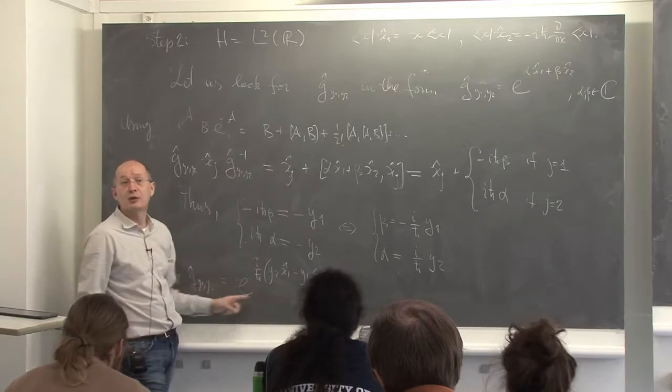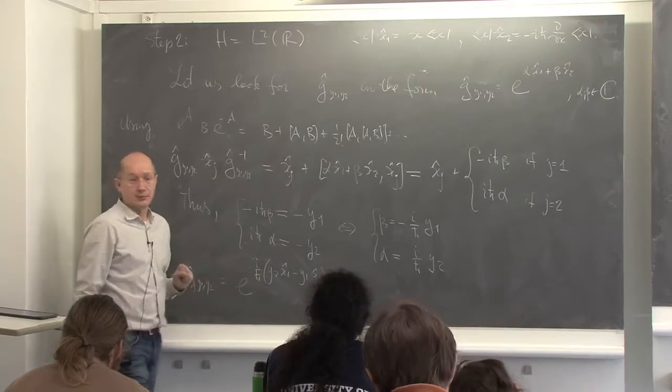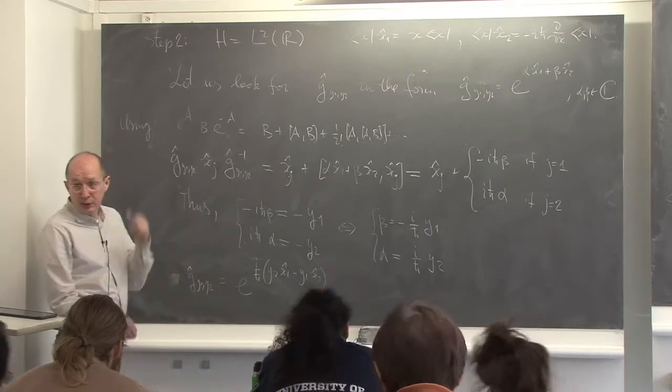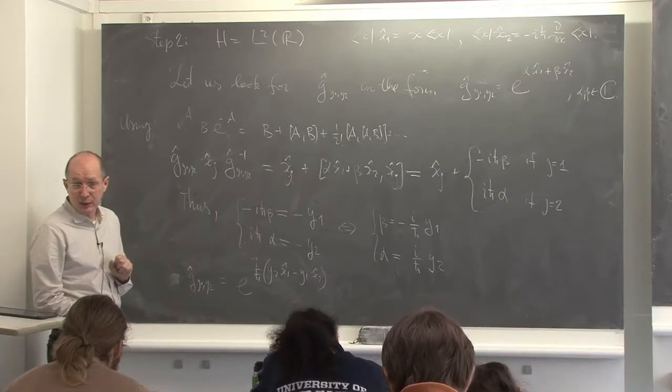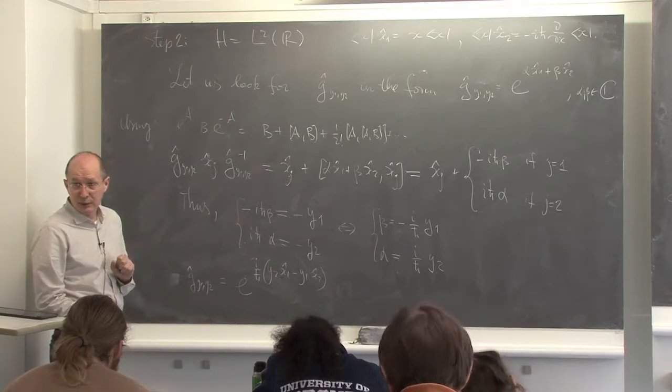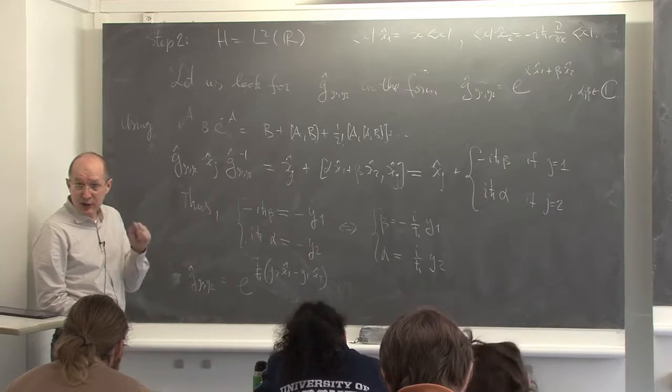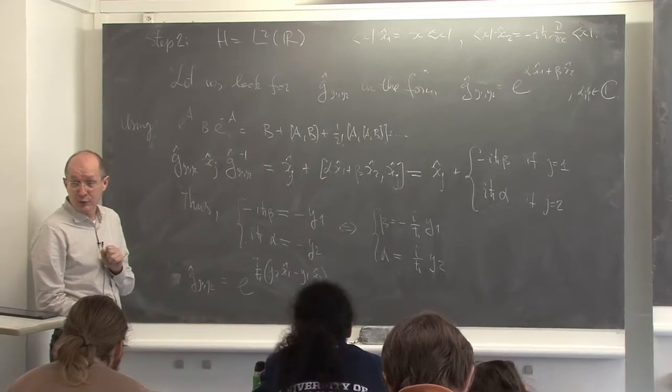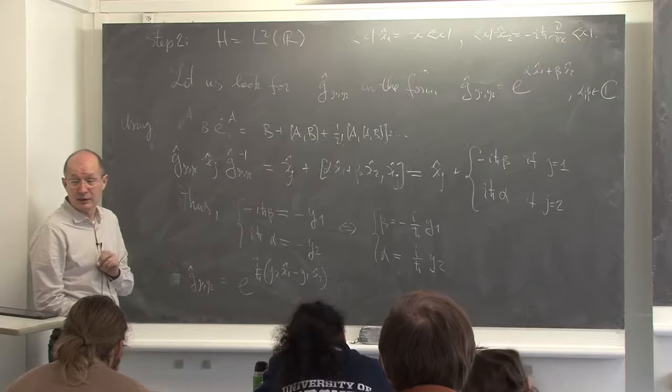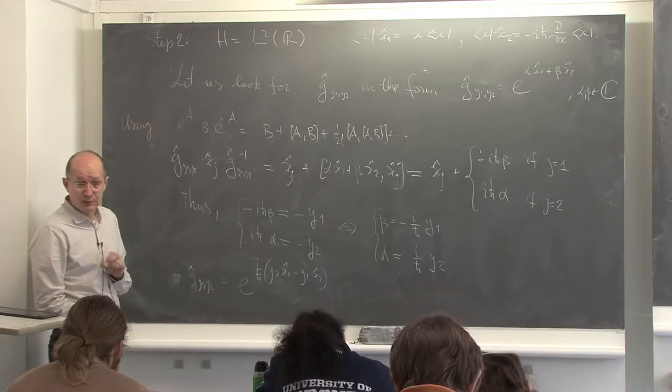So this is a unitary operator, because as we learned in the introductory part on quantum theory, the imaginary exponential of a self-adjoint operator always exists and is unitary.